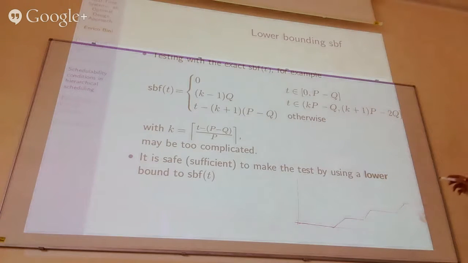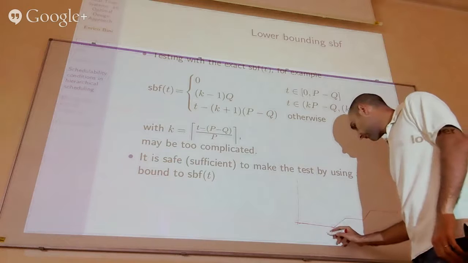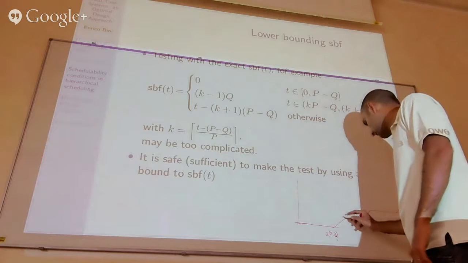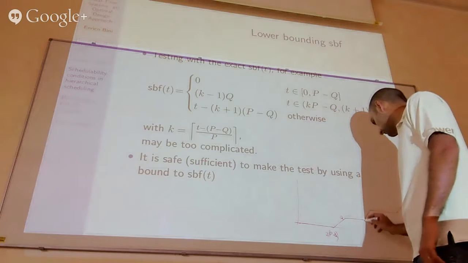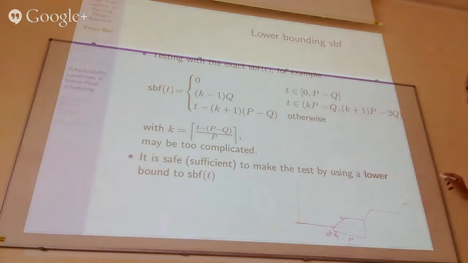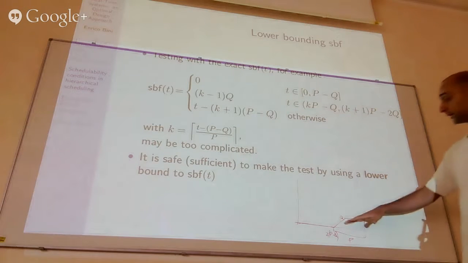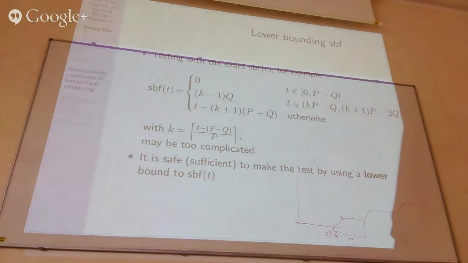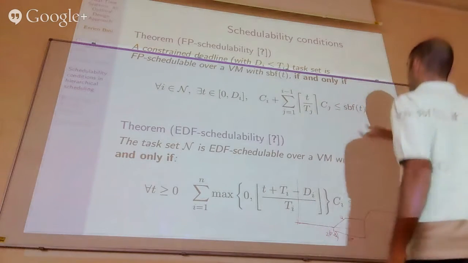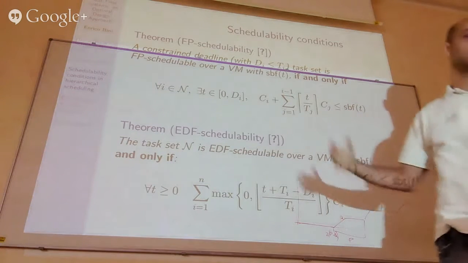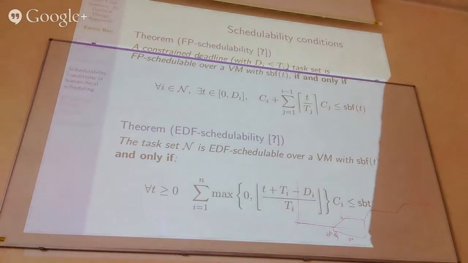I remind you, we have 2p minus q, and here we have steps of q, and then we start to put periods, and this is q, and so on. So sometimes we want to find a lower bound, because the lower bound is safe. If this condition is true for a lower bound of the SBF, it's also true for the real SBF. So that's why the lower bound is safe.